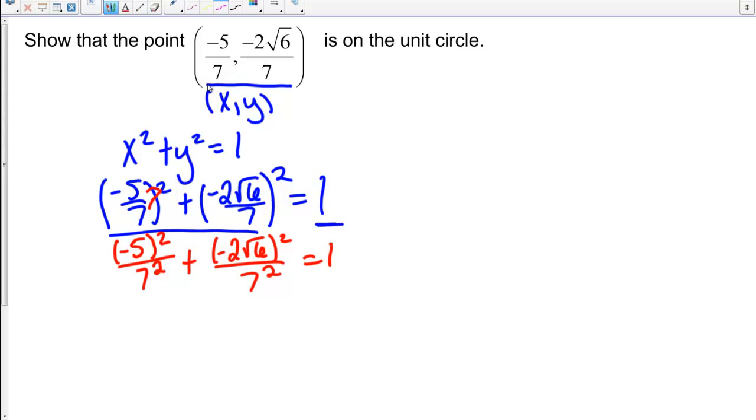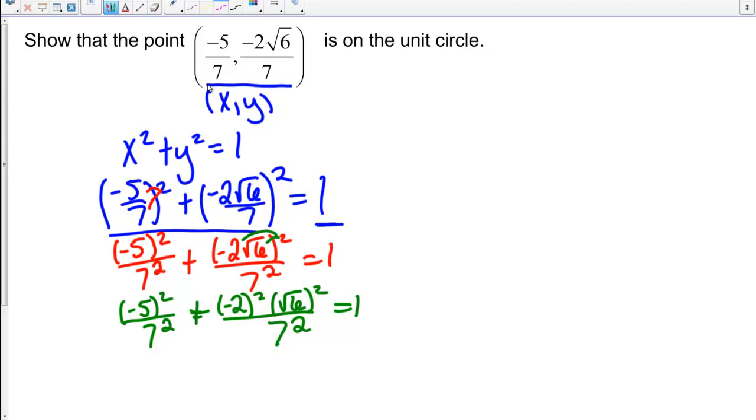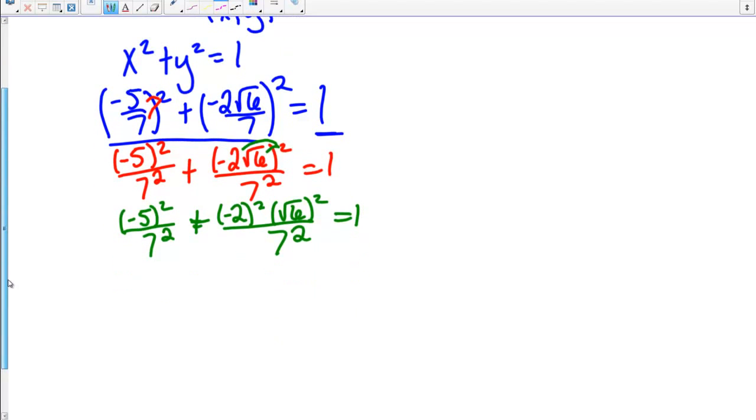Then we have to remember that this 2 goes to both the negative 2 and the square root of 6. So negative 5 squared over 7 squared plus negative 2 squared times square root of 6 squared over 7 squared equals 1. All right, and now we're ready to multiply these out.